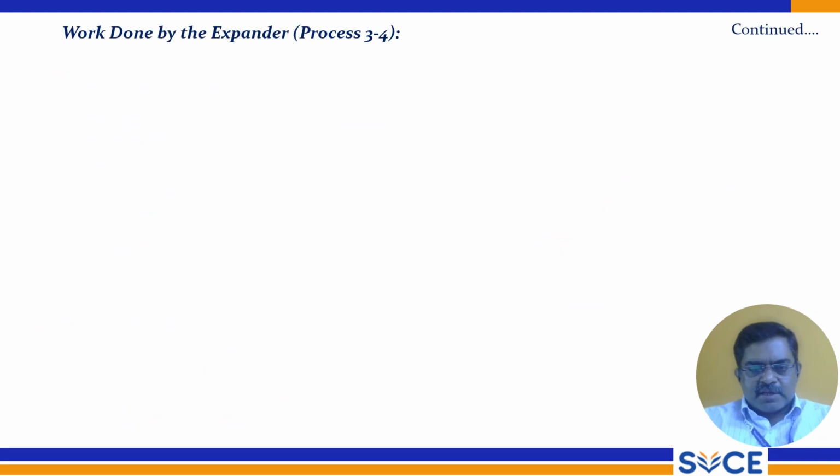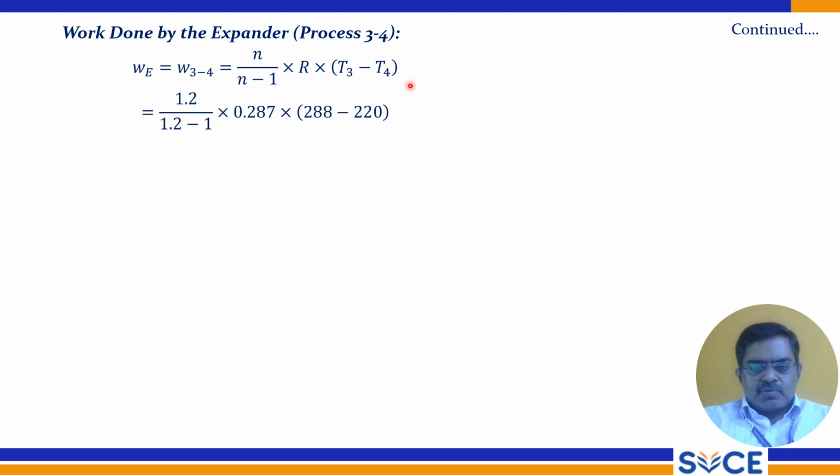Now the work done by the expander, that is process 3 to 4. So W3-4, equal to WE, is n divided by n minus 1 into R into (T3 minus T4). Now R is considered 0.287 kilojoules per kg Kelvin, and 1.2 divided by 1.2 minus 1 into (288 minus 220).